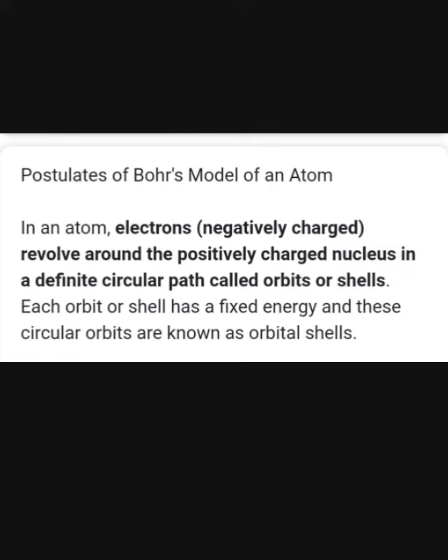So it's just like that. You can imagine it. Some of the diagrams of this Bohr's model will be shown now, so that you see what we are trying to say.